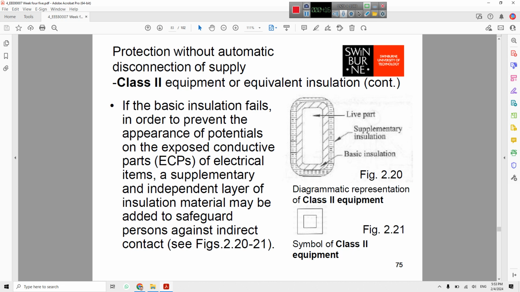If the basic insulation fails, in order to prevent the appearance of potential on the exposed conductive parts, meaning ECPs, of electrical items, a supplementary and independent layer of insulation material may be added to safeguard persons against indirect contact. So this is class 2.